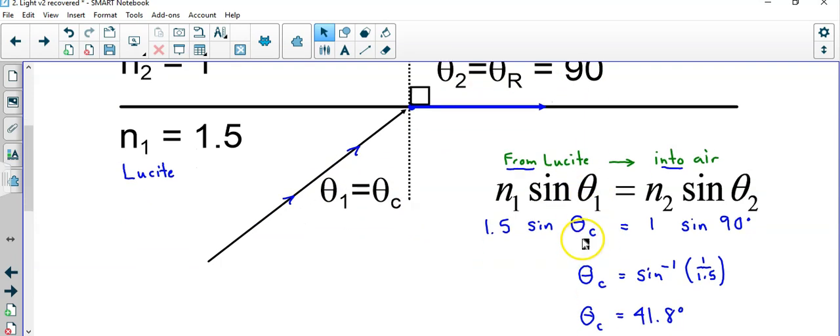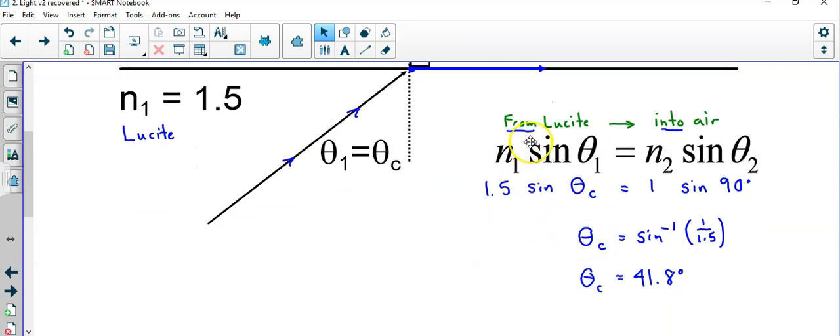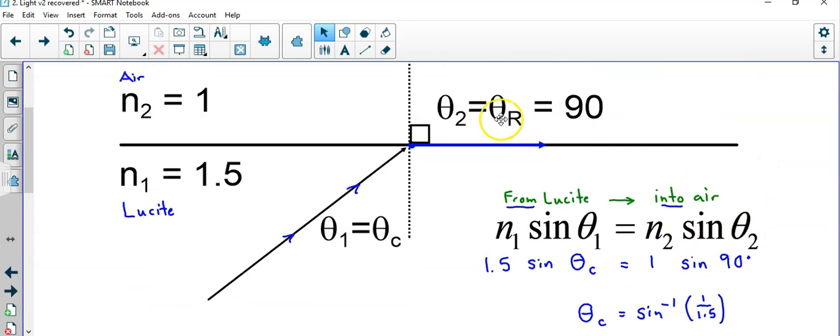So when I plug this into the Snell's law formula, going from lucite into air, the n1 of lucite is 1.5 times the sine of the critical angle. That's the unknown we're going to solve for. That is equal to n2, which happens to be air. The value is 1 times the sine of 90. It has to be 90 because at the critical angle, theta 2, the refracted angle, is 90 degrees.